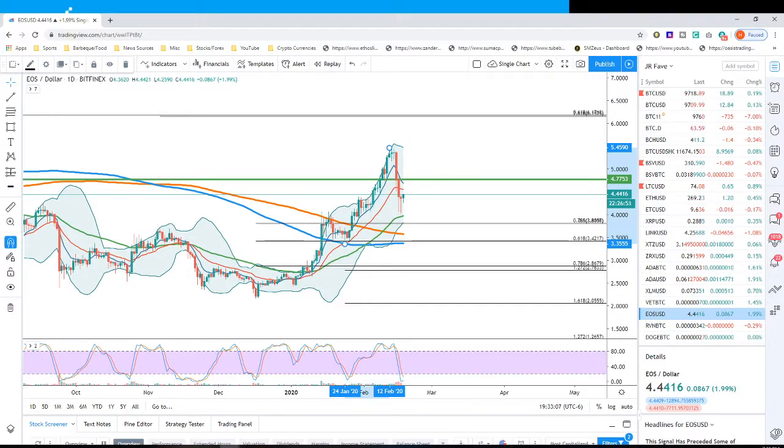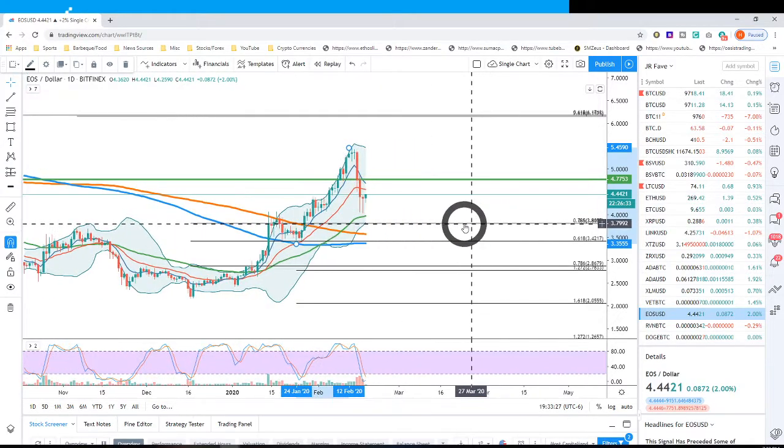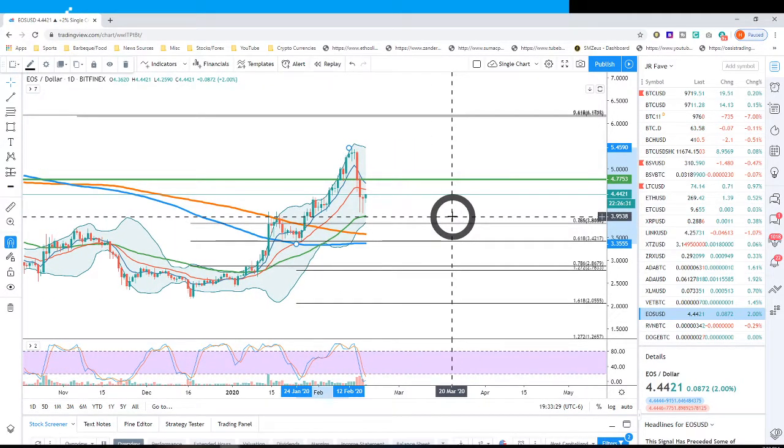Never heard of it. I'll be honest with you, I'd never heard of it. I try to keep things as simple as I can. You know, with my Fibonacci and the fib clusters and just EMAs, support resistance, but I don't know what a whole moving average is. I may have to look into it.